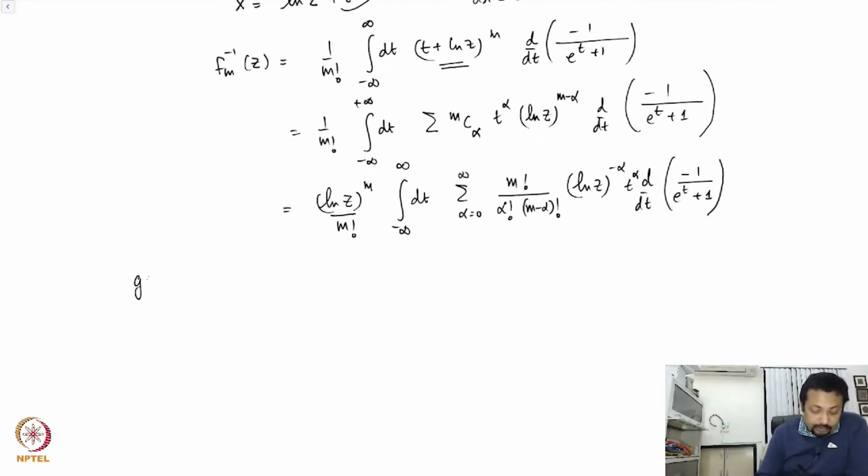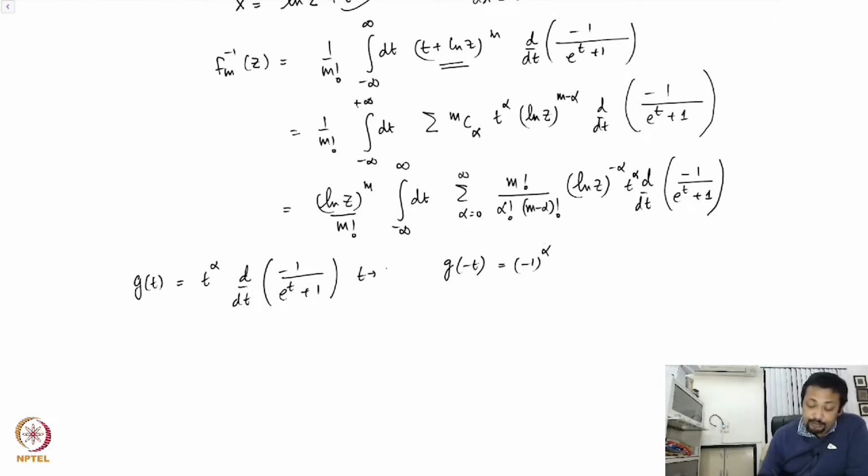Now note that g of t, let's call this t to the power alpha d dt of minus 1 over e to the power t plus 1. If you note this, then you will realize that g of minus t is going to be minus 1 raised to the power alpha times g of t.